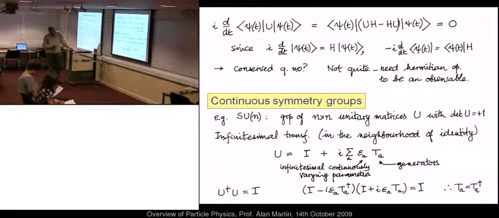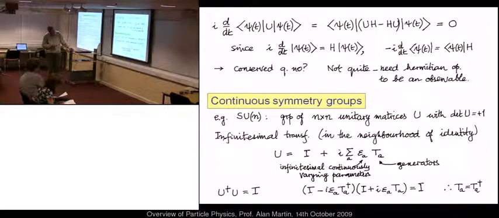You can see that UH minus HU is zero, and as this commutes, you can see that this thing actually doesn't change. So we've got something, a conserved quantity here. It looks as if we've got a conserved quantum number.